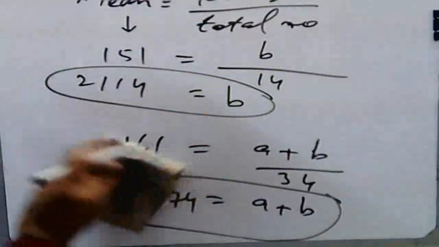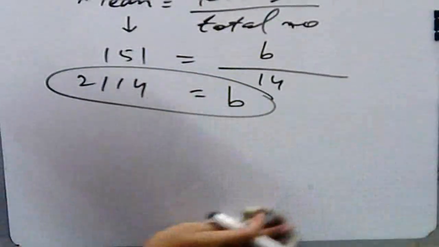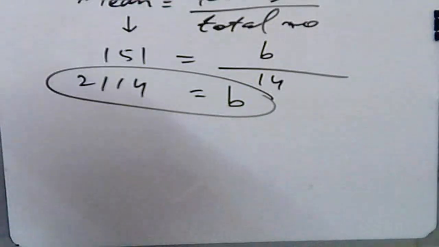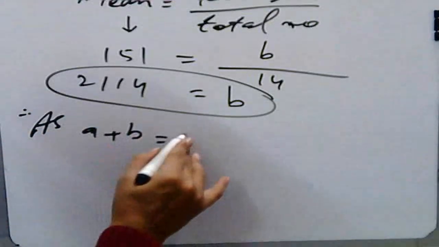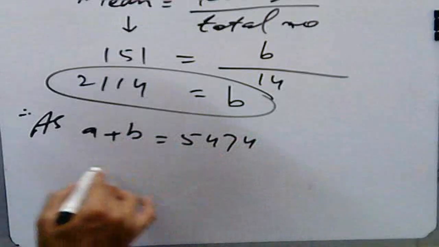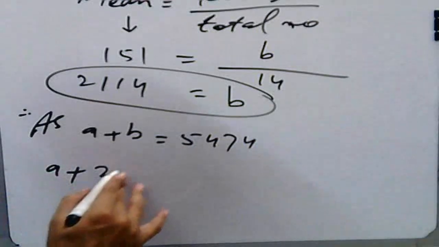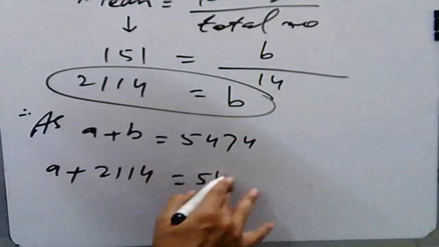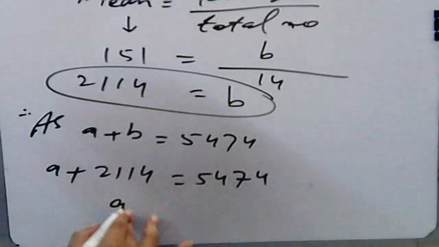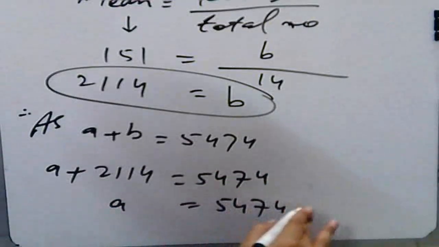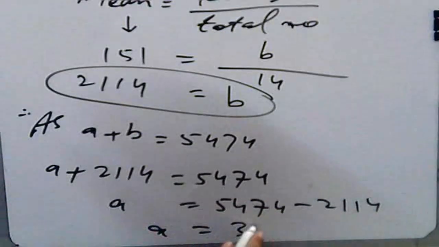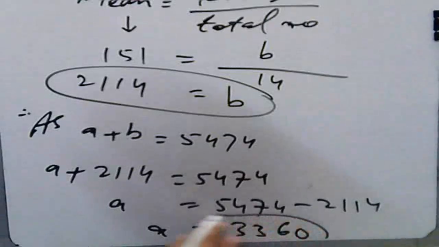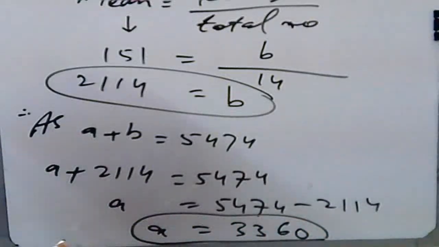So the sum for girls is 2114. As we know that A plus B is equal to 5474 and the value of B is 2114, you can subtract it from it and you will get the value of A. In this simple methodology, the value of A is 3360.